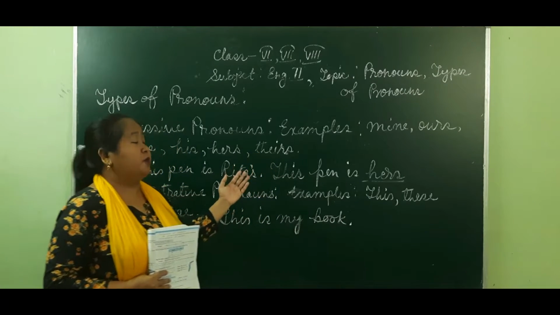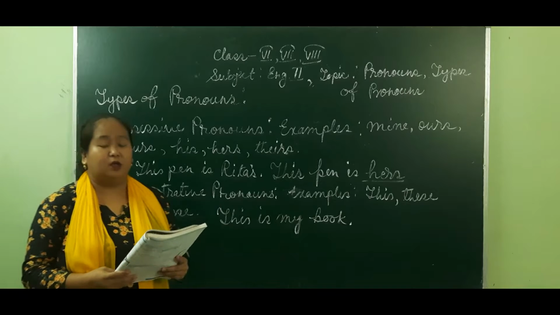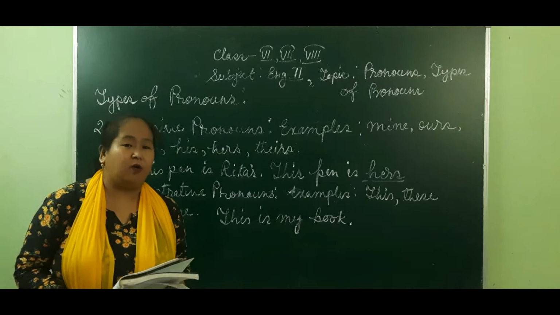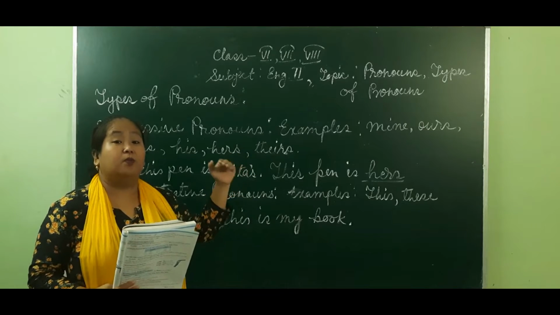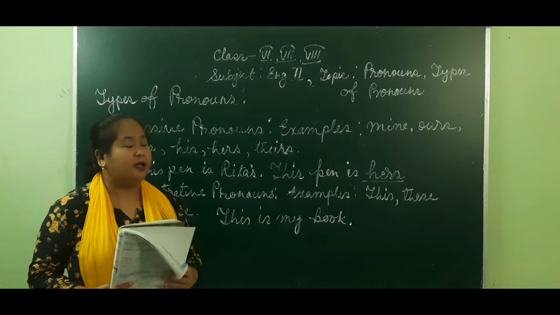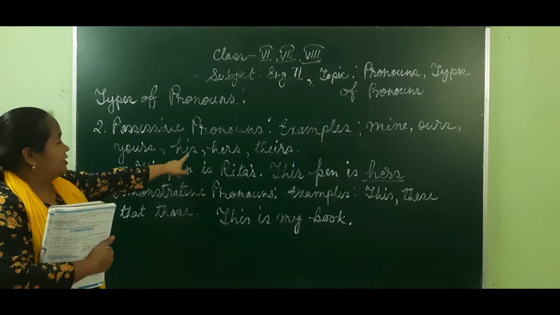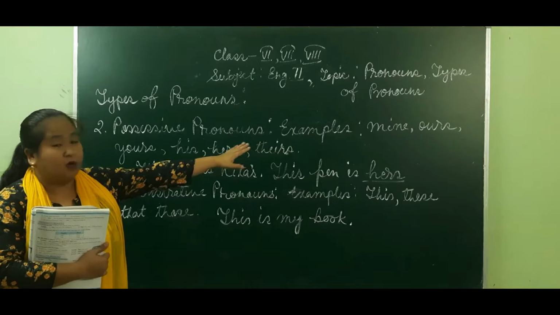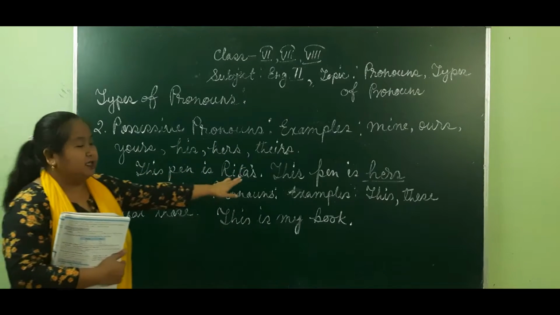Now the second type of pronoun is possessive pronouns. Possessive pronouns are those which show possession or ownership. By the term possessive, we know to possess. Possessive means to possess or to own something, right? The examples are mine, ours, yours, his, hers, theirs. These are all possessive pronouns. And here is a sentence example: this pen is Rita's.